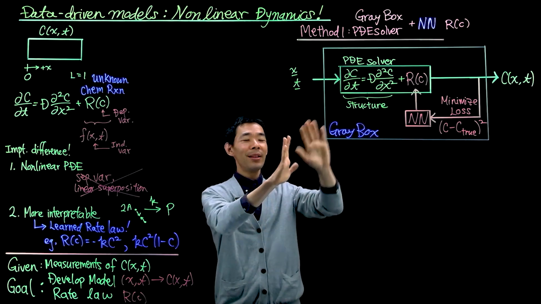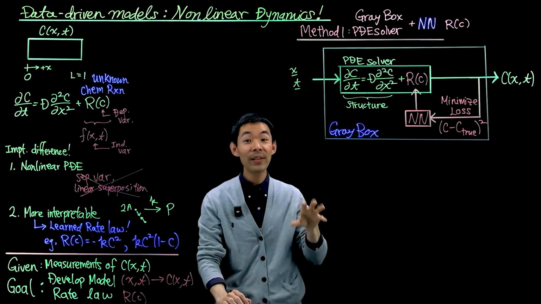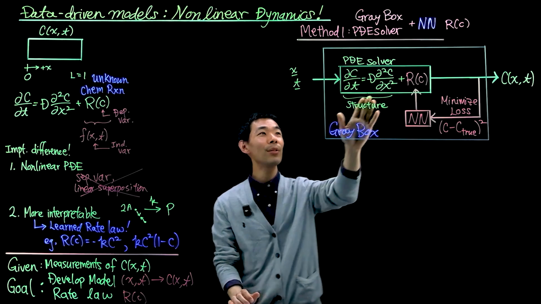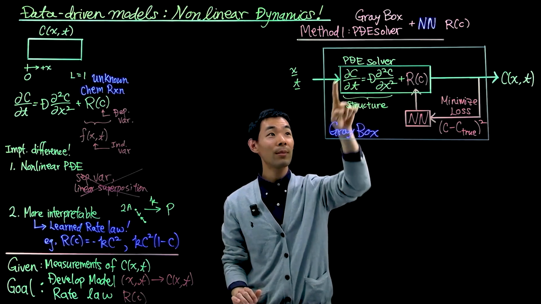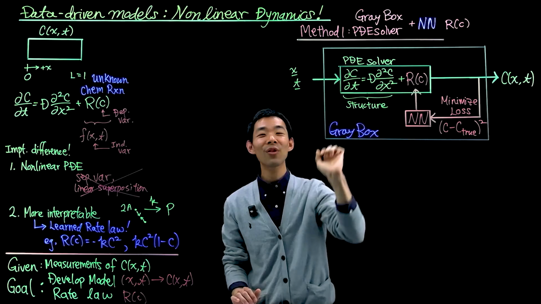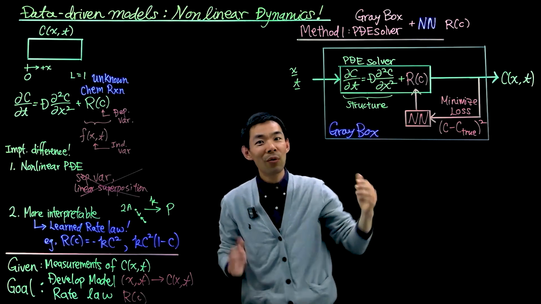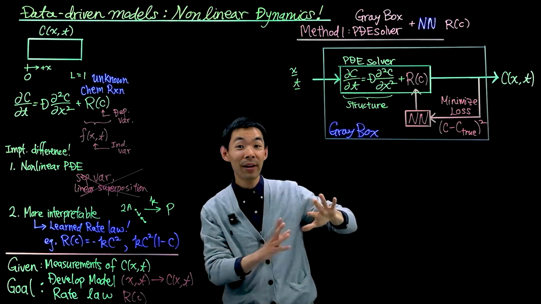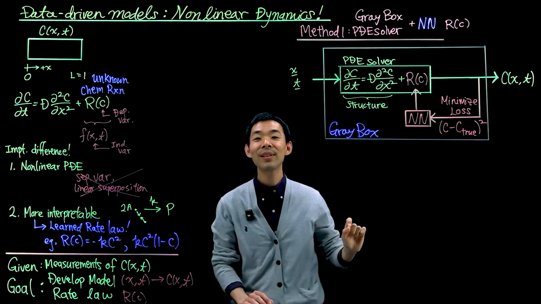So this gray box has a lot of mathematical structure. It has physical intuition and insight built into it. You know that it has a diffusion reaction form with some accumulation. You've put structure into your PDE. You've solved it, but there's a term that we don't really know what it is, and we're going to rely upon a computer to figure that part out by using training data in the form of C true.